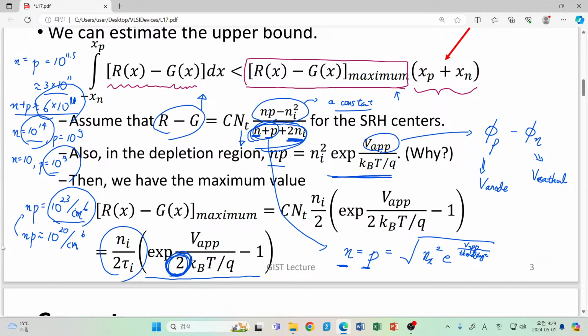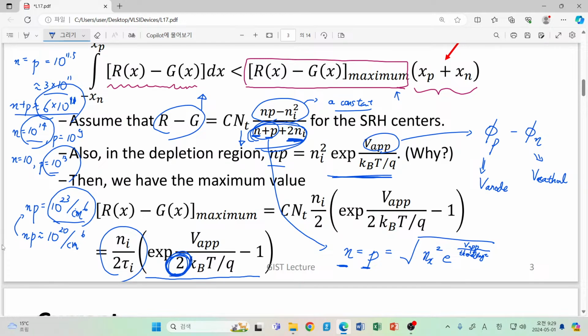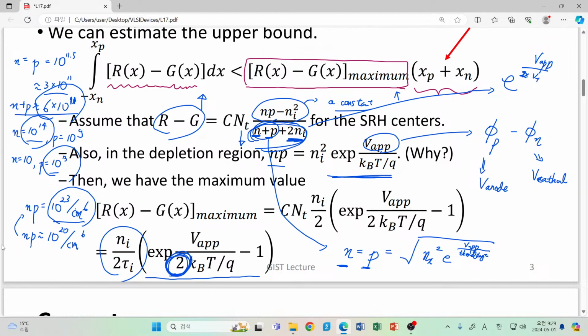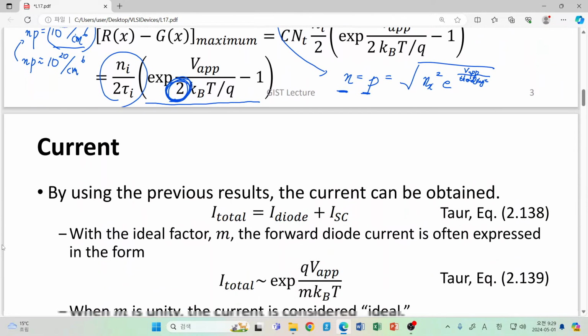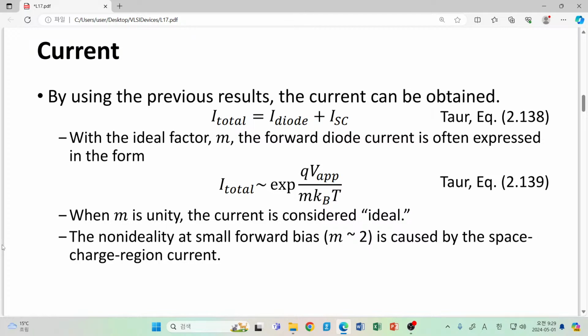In order to have the maximum value, at this balancing point the electron density is not increasing following e to the V applied by 1 times the thermal voltage, but it is increasing 2 times the thermal voltage as a normalization factor. So that's the reason why we have this form. Now let's go to the final result.